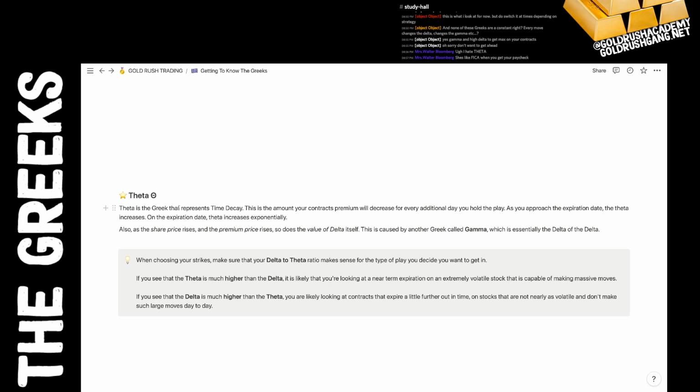So let's see. As you approach expiration date, the theta increases. Basically, a 1-to-1 ratio on a delta. So if they're both the same value, which is very rare, like if delta and theta are both 50 cents, then all you need is the underlying to make a $1 move overnight, so that your contract isn't down by 50 cents the next morning.